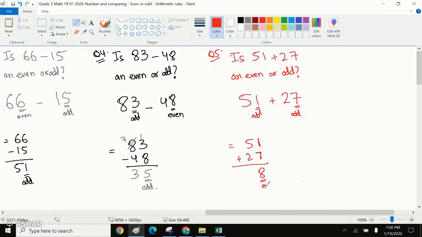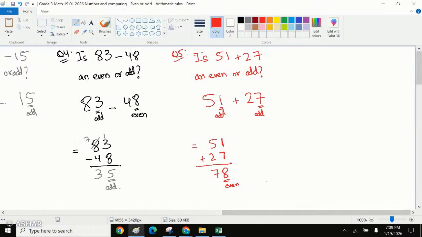This 8 is even, and the answer would be ending on 8, right? So we can say 51 plus 27 is 78, and that is an even answer. Sometimes we don't have to solve the question. Sometimes we just need to say whether it's even or odd, right?